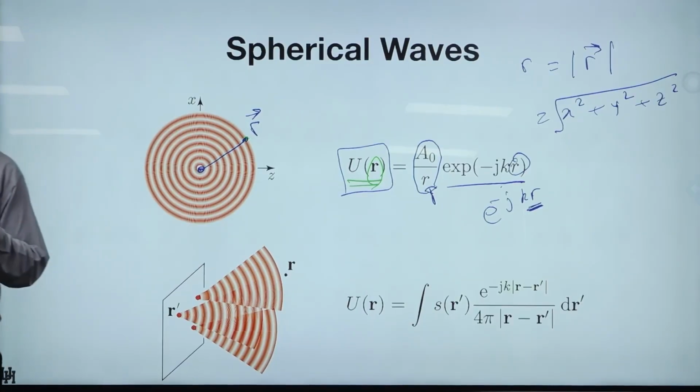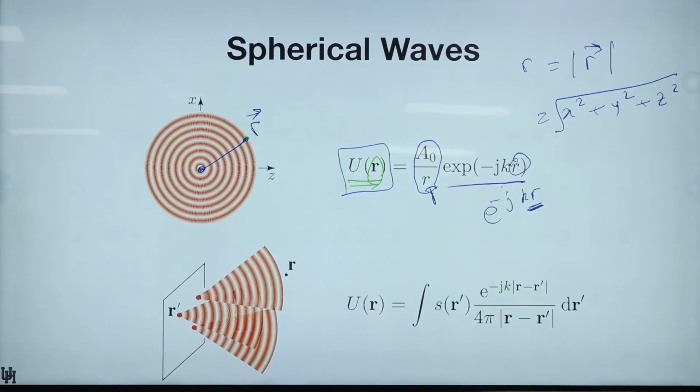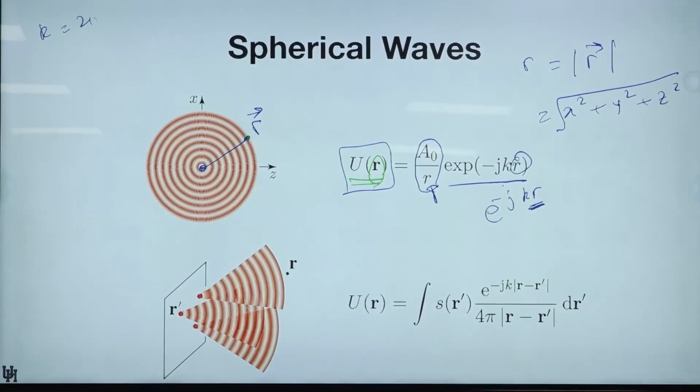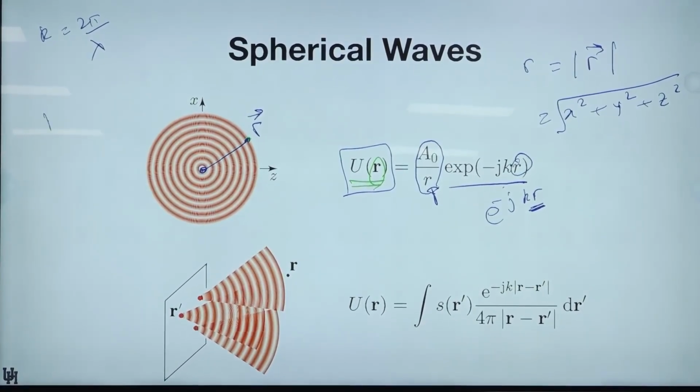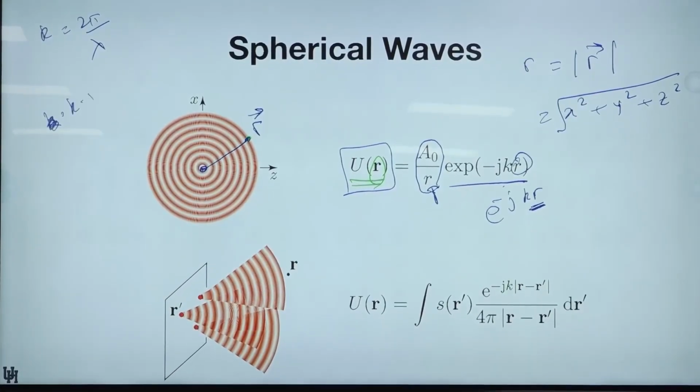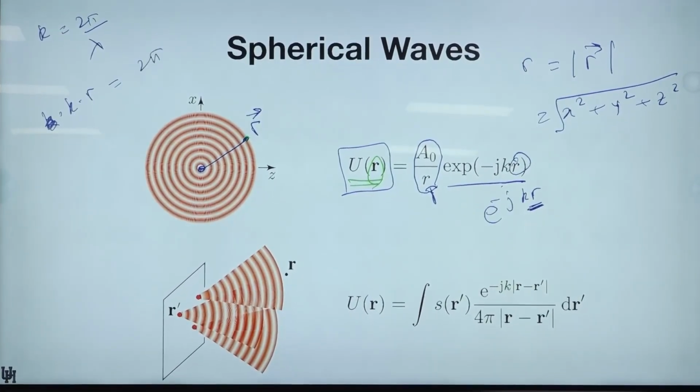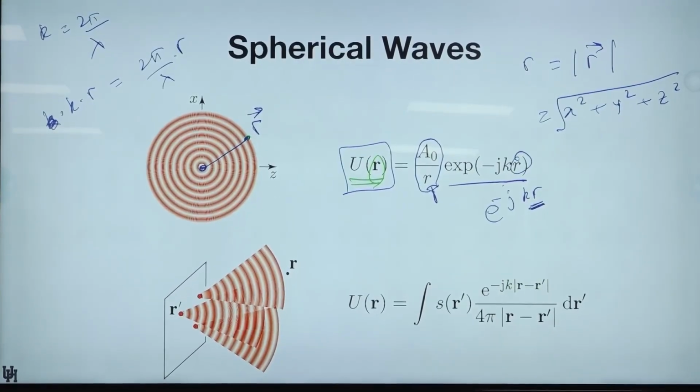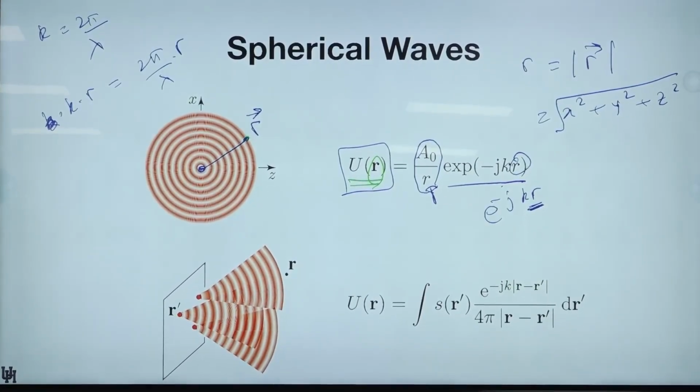One intuitive way is to think of k equals 2 pi by lambda, let's say in air. So k times r is 2 pi by lambda times r. So this is 2 pi times r by lambda. I'm just rearranging the terms.